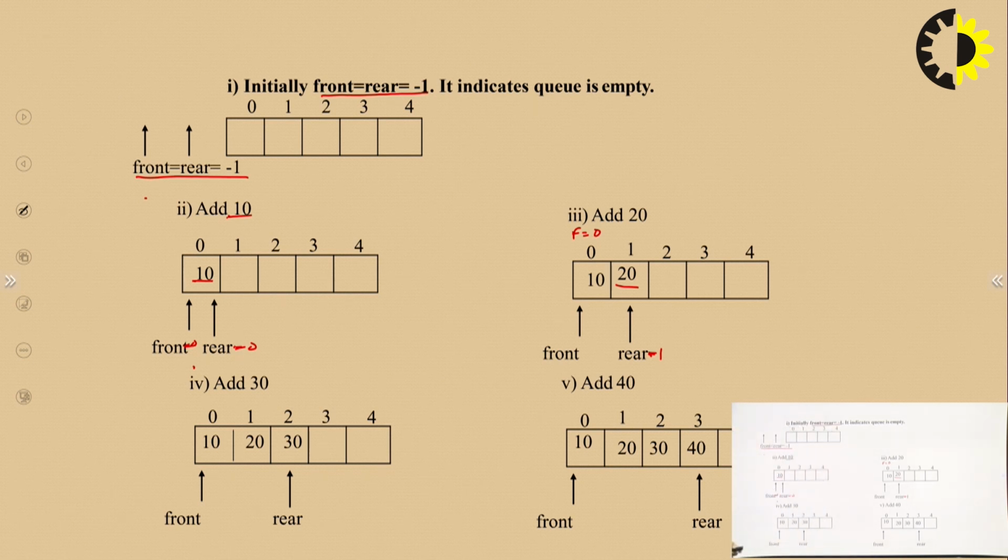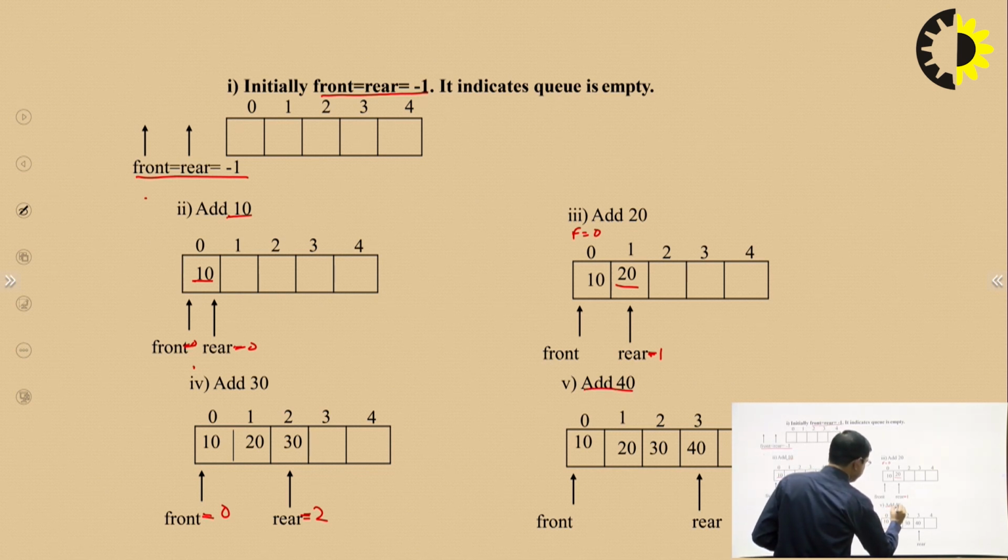Suppose we are trying to add another value, that is 30. In that case front is 0, and because we are inserting, rear will be updated, that is 1 plus 1, that is 2, because here rear is 1. Suppose we are trying to add a new value, that is 40.